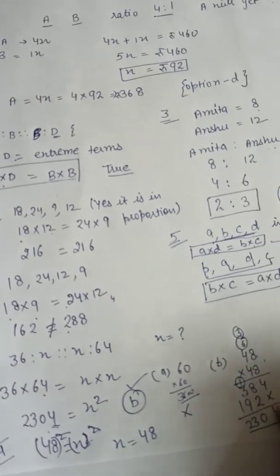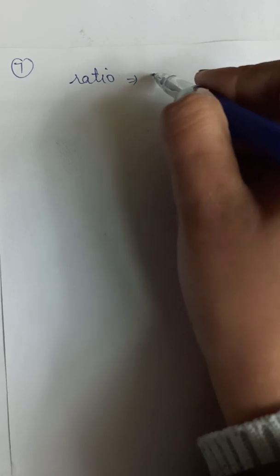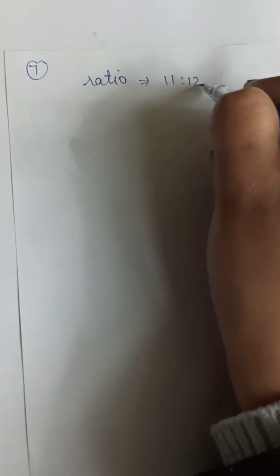Now question number 7: two numbers are in the ratio 11:12.